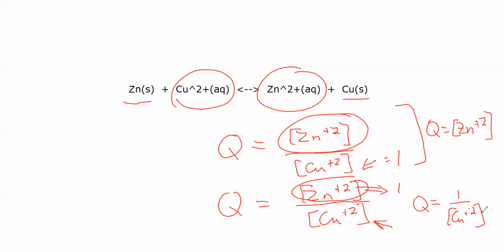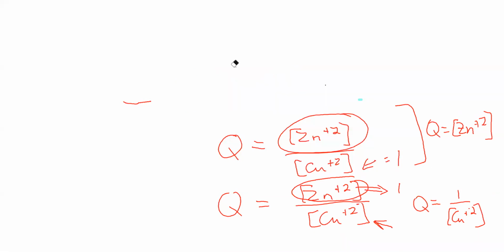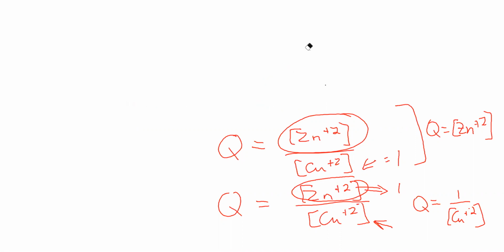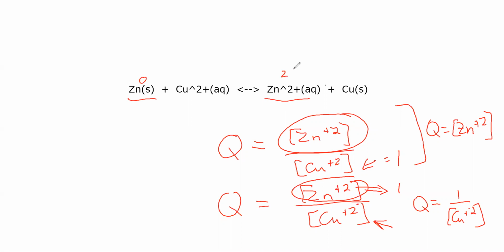The other common question that I have received is how to determine the number of electrons. So if we get rid of these marks so I can show you. All right. Zinc going to zinc 2 plus, we see it's going from 0 to 2 plus.